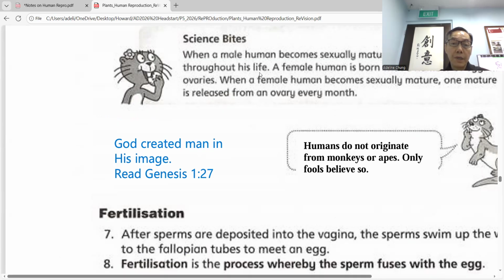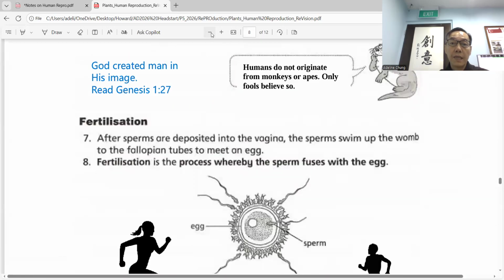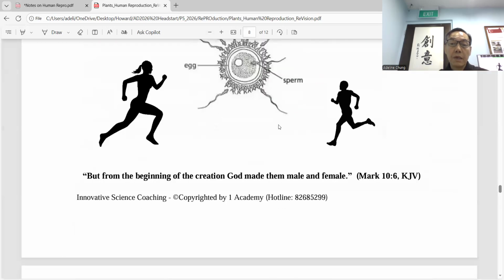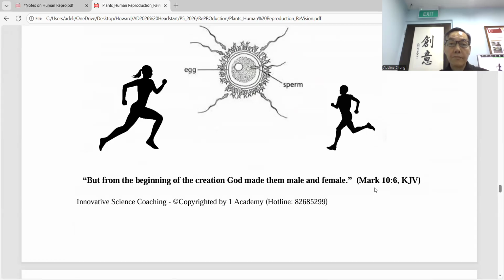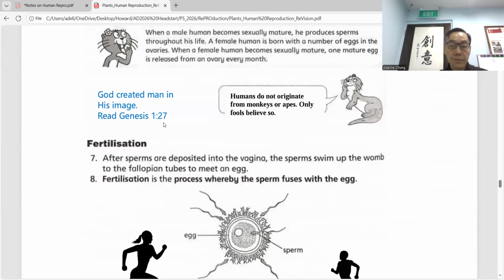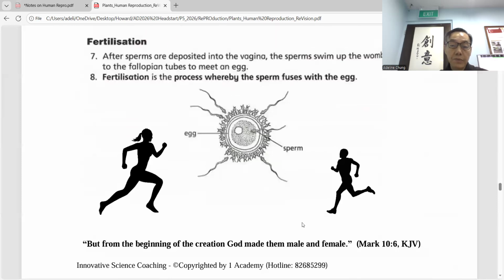If you read the Bible in Genesis chapter 1, verse 27, and there's also evidence in Mark, which is in the New Testament, while Genesis is in the Old Testament. In the New Testament there's a verse that says, but from the beginning of the creation, God made them male and female. So male and female, we are created by God. We do not come from monkeys.